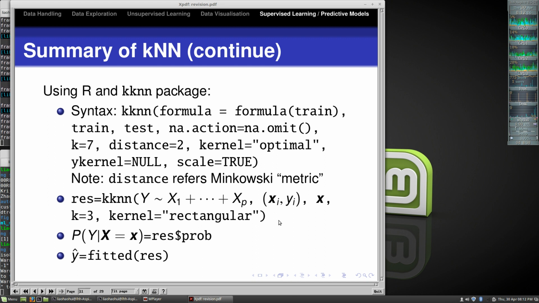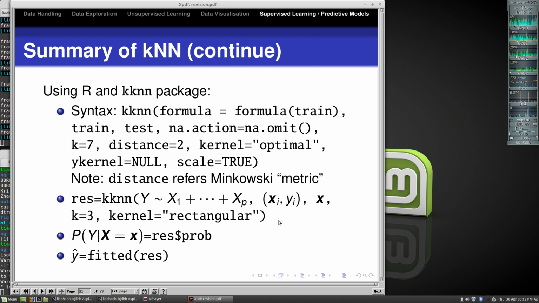Weighted means that, because we have K nearest neighbors, but some neighbors are slightly further away and some are closer, it will give higher weightage to those closer, and those slightly further away will have a lower weightage.